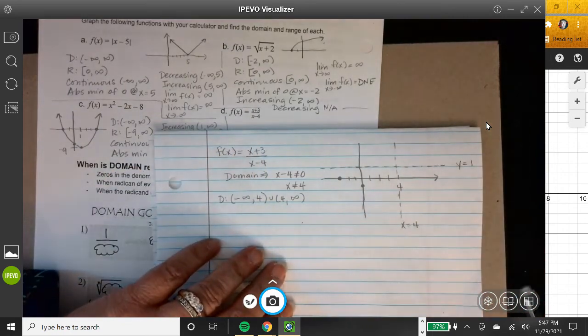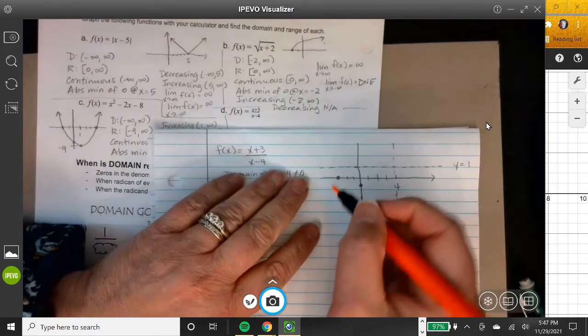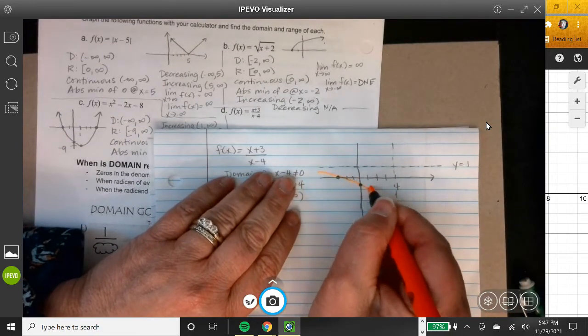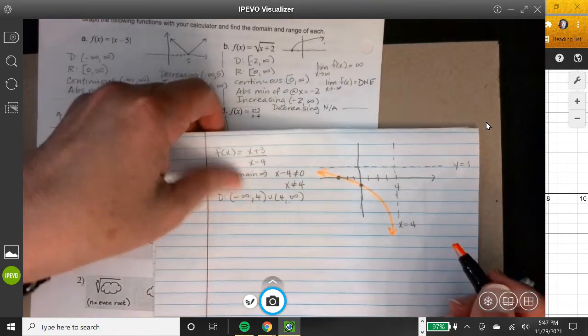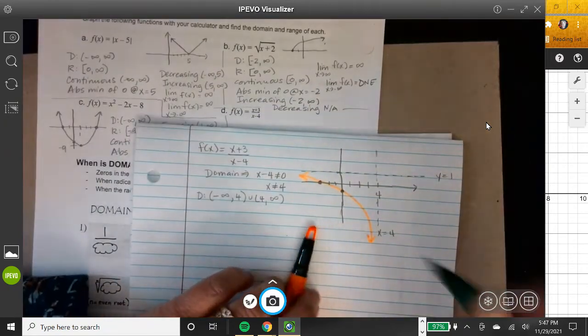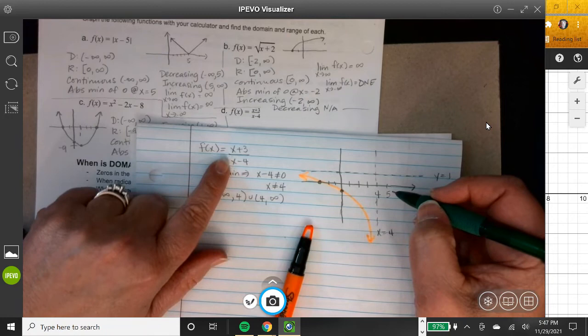And then with my knowledge of rational functions, I know that this left side has to look like this. And the right side, if I were to plug in a point, let's plug in 5. 5 plus 3 is 8. 5 minus 4 is 1.